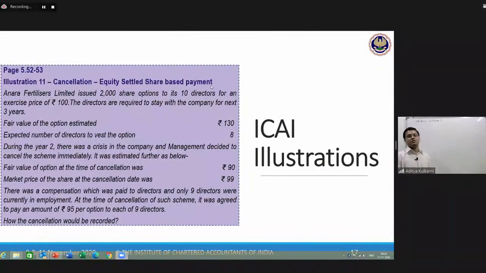The fair value has dropped down. You are giving them a higher compensation and telling them you go with this compensation because when you exercise the option, it will not be worth what it is. So you want to cancel the plan, you take this compensation amount, and the difference between the two amounts you recognize in the P&L. So let us look at how it is done.